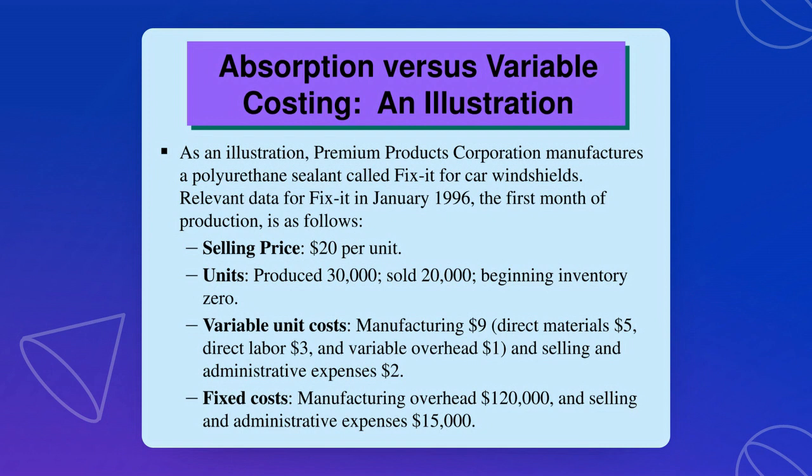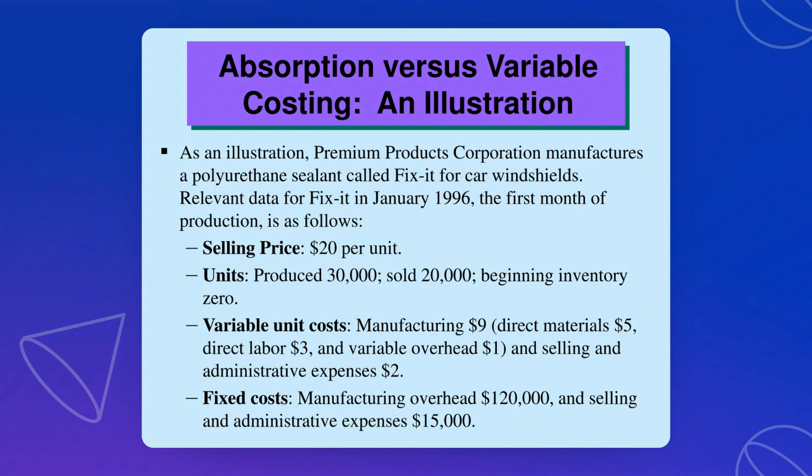You have also what you call variable unit cost. Manufacturing is $9, composed of materials of 5, direct labor of 3, and variable overhead of 1. Alright, so that's your variable cost. Okay. And also you have your selling and admin expense.